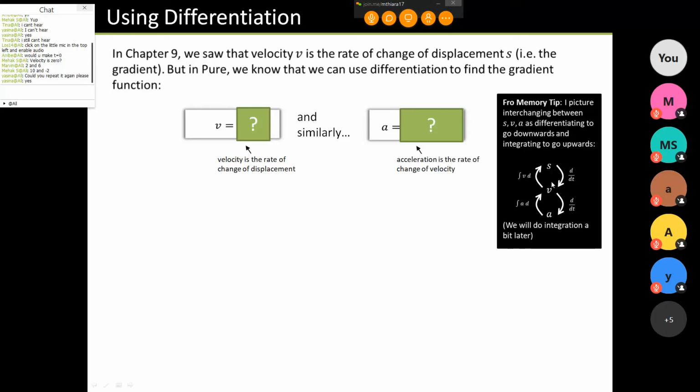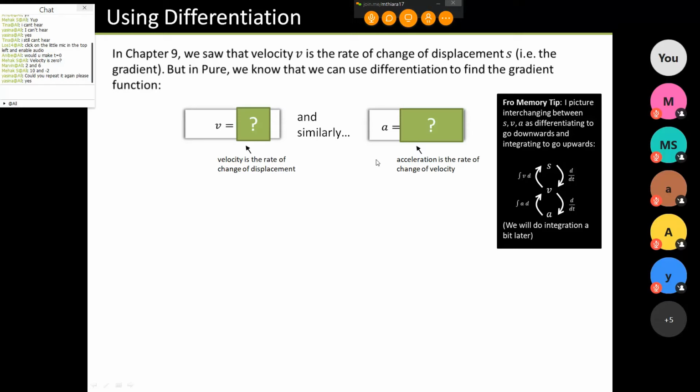If you've got s and you want to find v, you differentiate. If you want to go from velocity to acceleration, you differentiate again. If you wanted to go from acceleration to velocity, you'd integrate acceleration. To get from velocity to displacement, you'd integrate velocity.